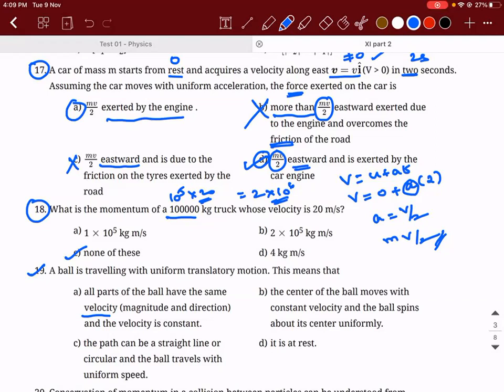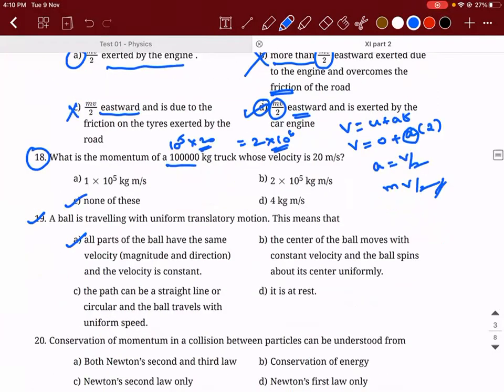Answer should be A. All parts of the body have the same velocity, magnitude, and direction, and the velocity is constant. That is the right answer.